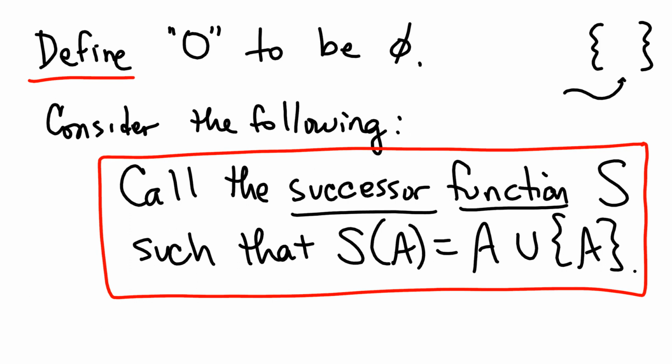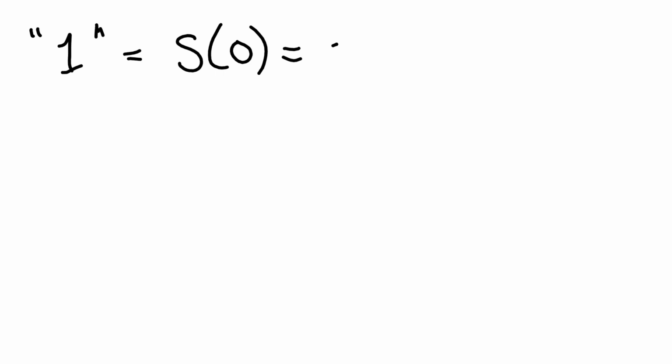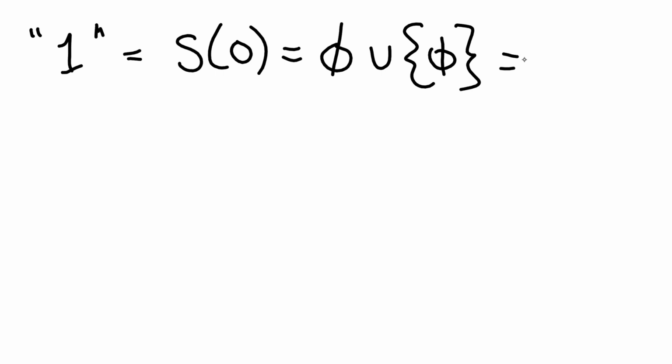So when we think about the number 1, the number 1 is going to be the successor function of 0, which is the empty set union the set containing the empty set, which, as you and I both know, is the set containing the empty set. How many objects are in that set? 1.